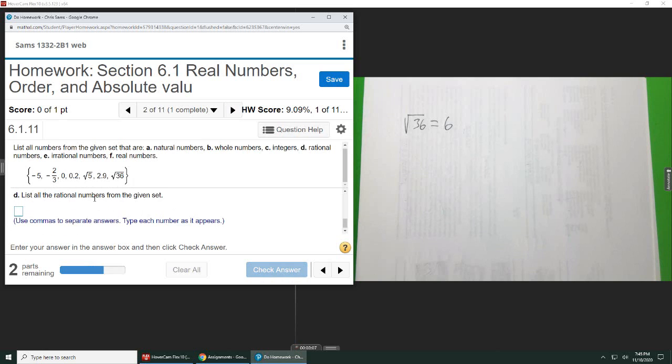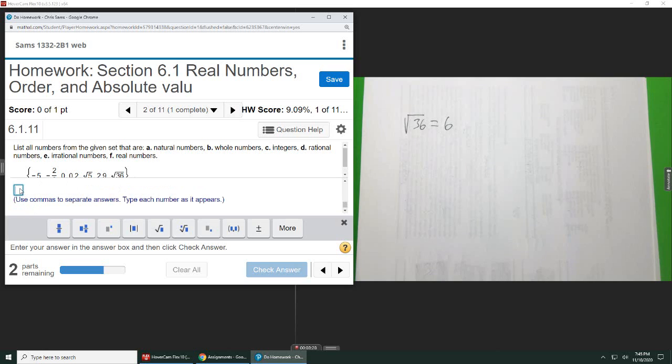Rational numbers would be all of the numbers that can be put in fraction form. So that would be whole, fractions, decimal, and non-ending decimals that have a pattern. The only one that will not fit is the square root of 5. All of these numbers will be rational.